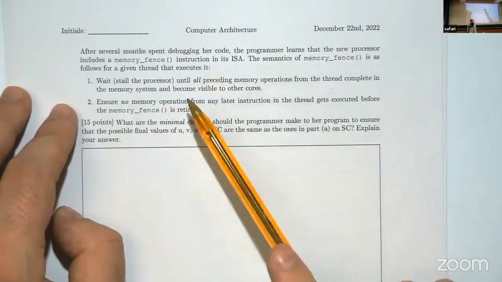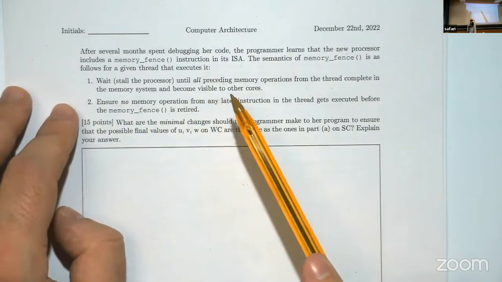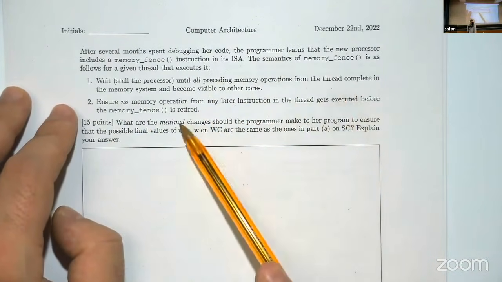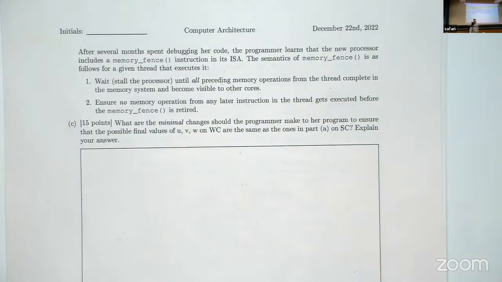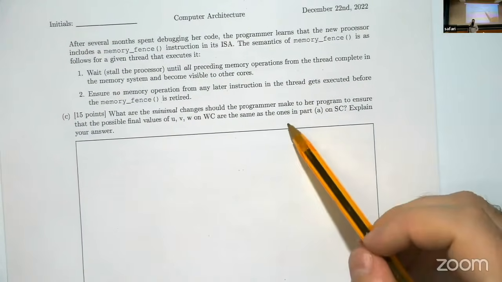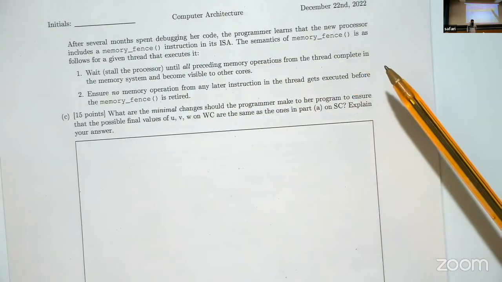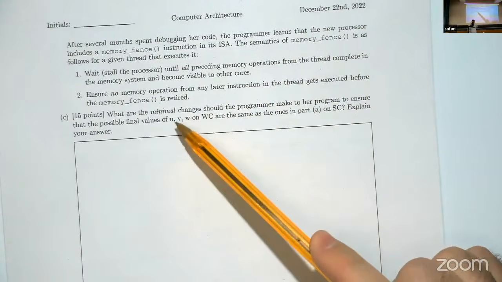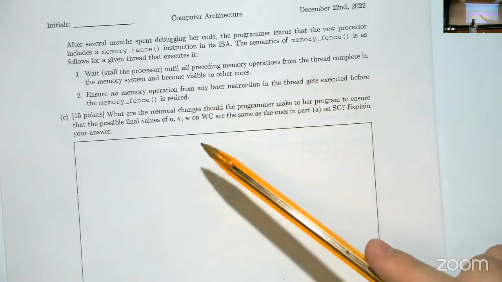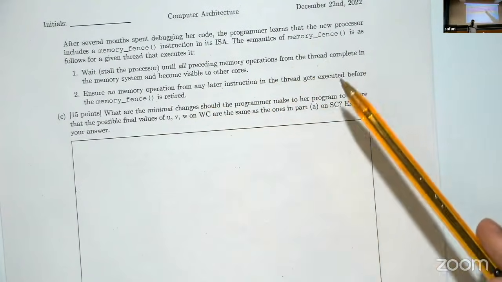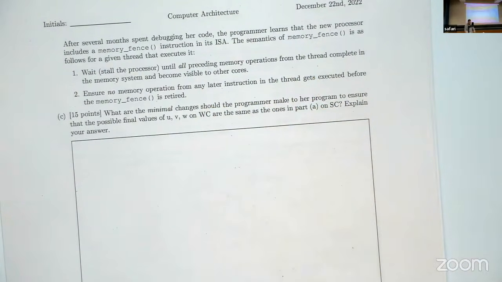Ensures no memory operation from any later instruction in the thread gets executed before the memory fence is retired. And it asks, what are the minimal changes the programmer should make to ensure that the possible final values UVW on weak consistency are the same as the ones in part A on sequential consistency?